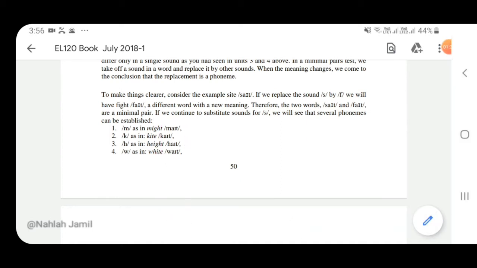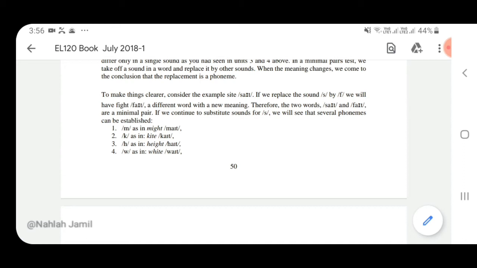The second rule says that the change should be consistent. That means the change should be either at the beginning of all the sounds, at the end of all the sounds, or in the middle of all the sounds.